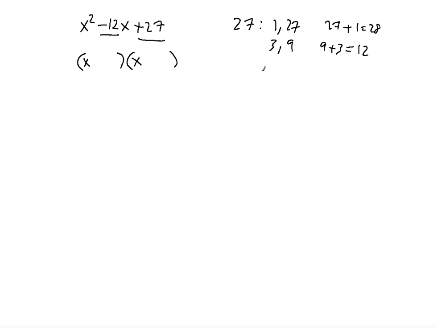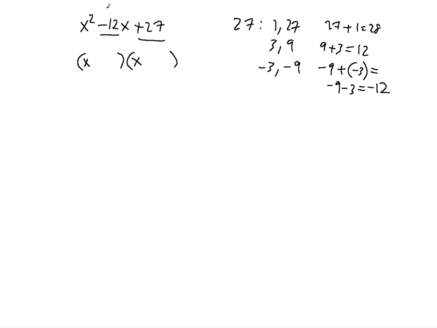Well, here's where the sign issue comes in, because we can also have minus 3 and minus 9 as factors of 27, right? Because minus 3 times minus 9 gives us positive 27. And the sum of that will be negative 9 plus negative 3, which is negative 9 minus 3. And that is equal to, bingo, negative 12. Exactly what we're looking for.